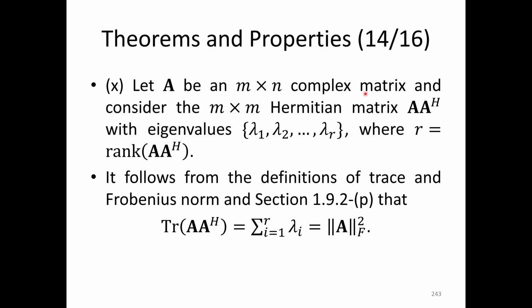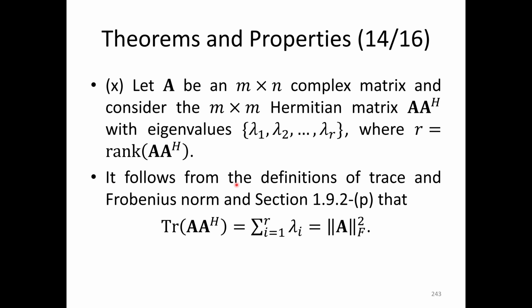n complex matrix and consider the m by m Hermitian matrix A times A Hermitian with eigenvalues lambda 1, lambda 2 to lambda r, where r is equal to the rank of the matrix A times A Hermitian.